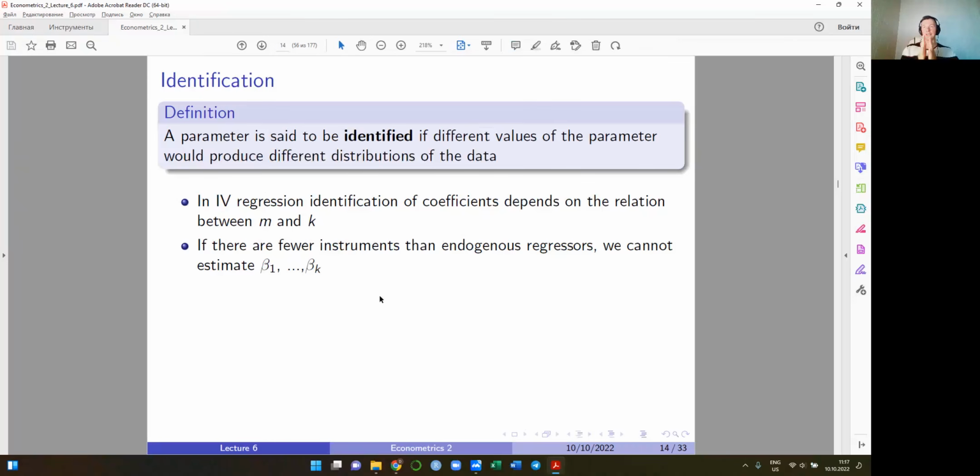So at least every endogenous variable must have one instrument. If you have two endogenous variables, you must have at least two instruments. You can have more, but at least two. If you have three endogenous variables, problematic variables, you must have at least three different instruments, and so on.